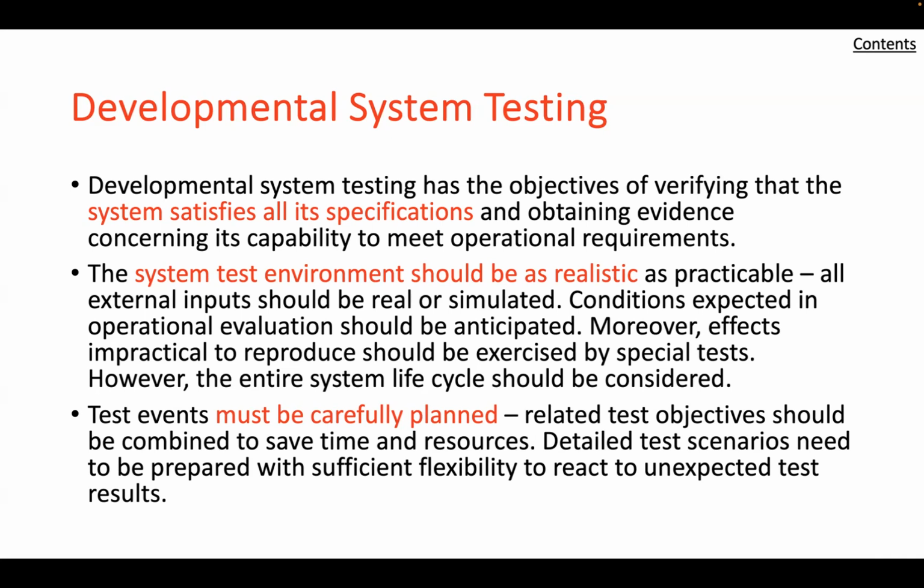The others should be simulated to realistically represent their functional interactions with the system. And three, when the real operational inputs cannot be reproduced or simulated as part of the total test configuration, special tests should be carried out in which these functions can be reproduced and their interactions with the system measured.